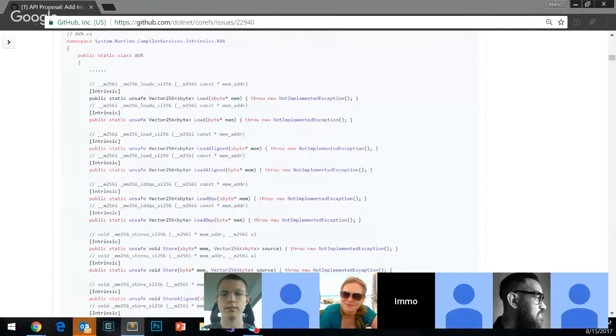Okay. Because you see, these APIs, in practice, how do you use them? Where do you have the data? You have it in some array. Then you pin, then you check the alignment, and it will be either aligned or not aligned, depending on this code or the other code. That would be so hard to actually write code for.